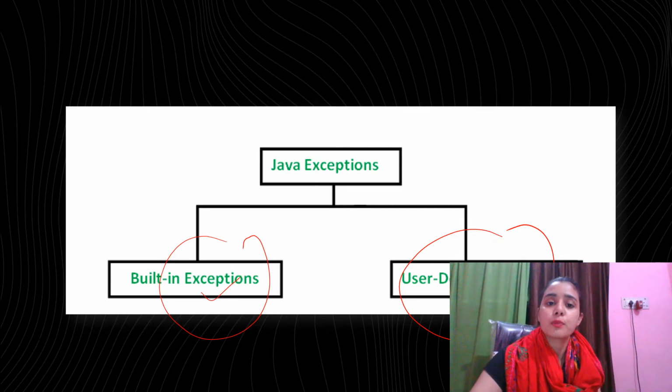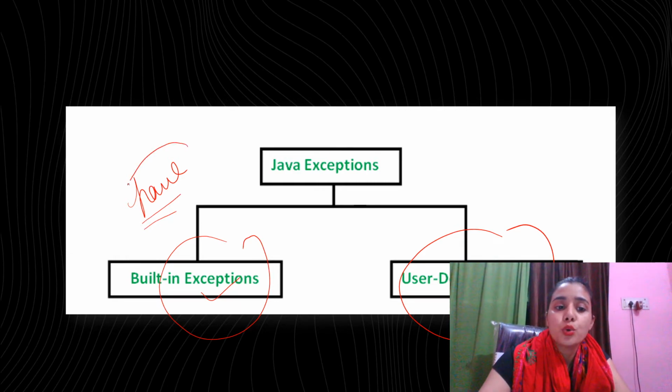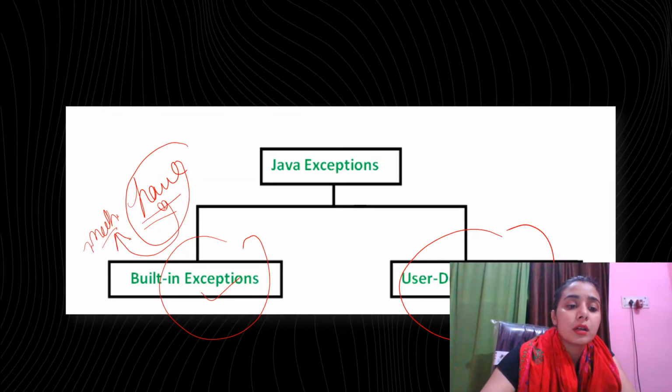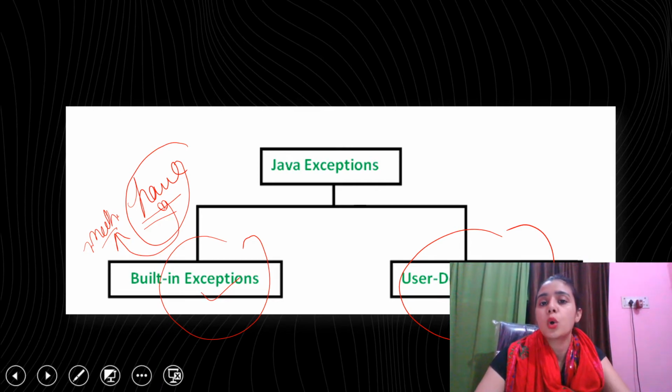Let's say the power function, right? That function is predefined, its use is predefined. That function is from the maths class. If I want to use this function, first of all I have to use this class, and afterwards I am able to use this function.